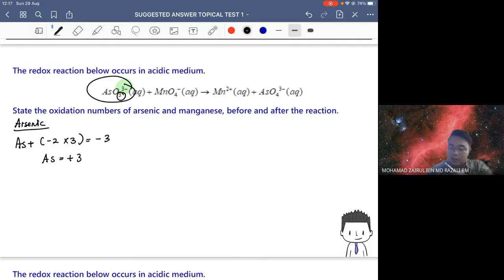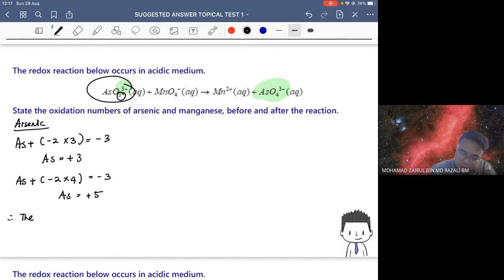So after the reaction, kita akan hasilkan AsO4 3-. So kita kira As plus oxygen -2, kita ada 4 multiply by 4 equals to -3. So As is +5. So awak buat conclusion.